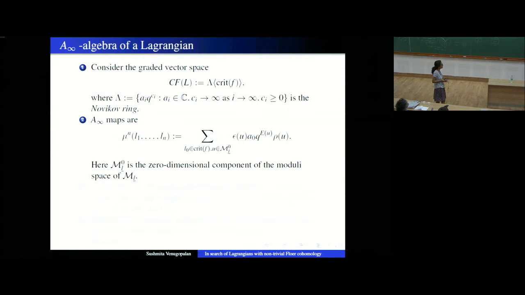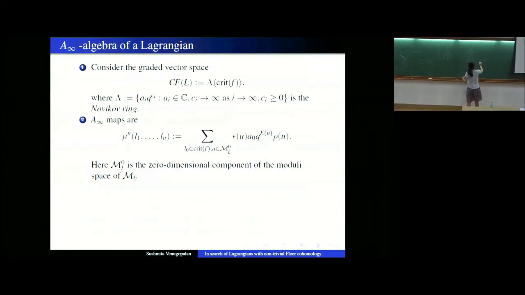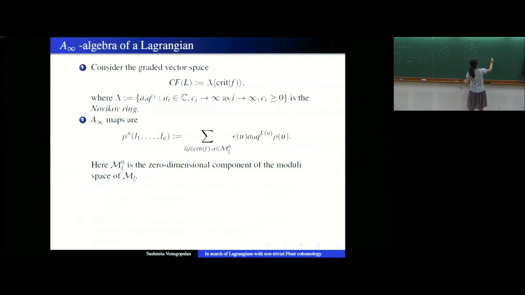So some critical point would occur on the output. That's a mistake again. So this is not A naught, this is L naught. Yeah, I changed my symbol at some point, and obviously I didn't change it everywhere.